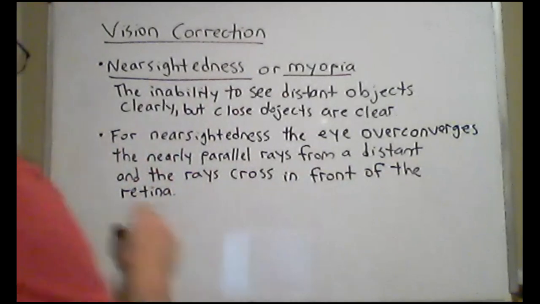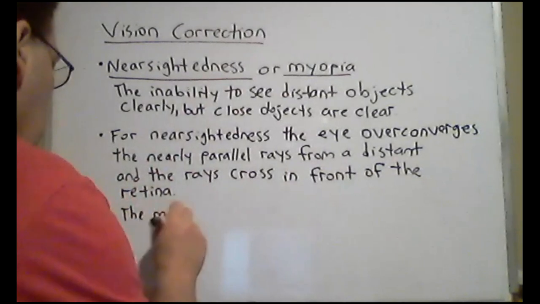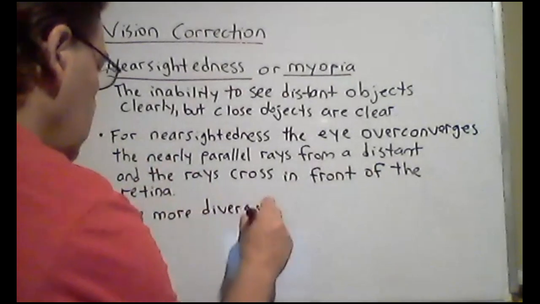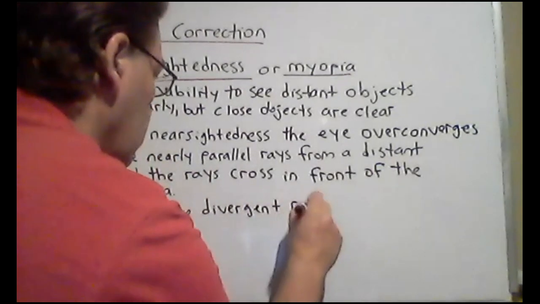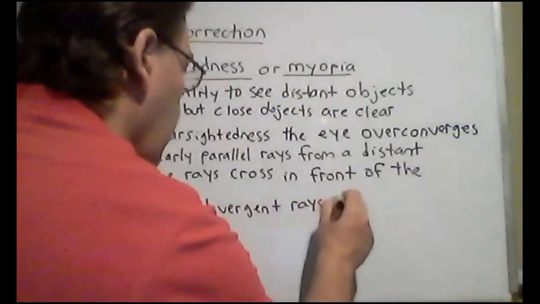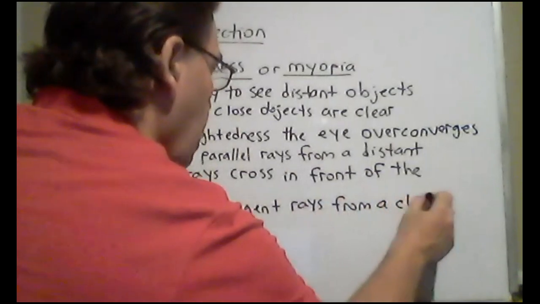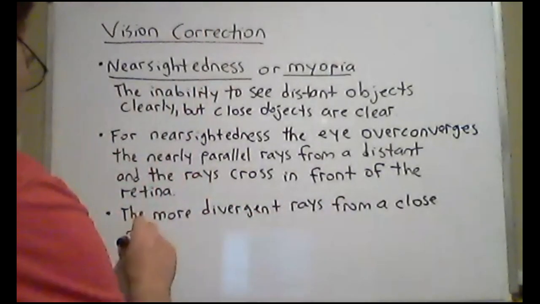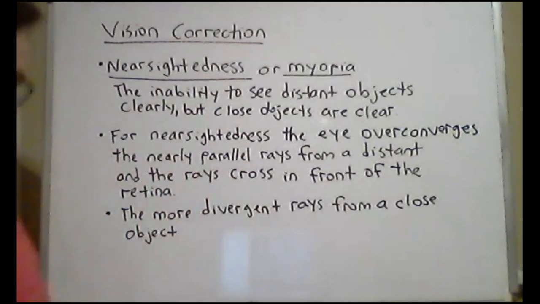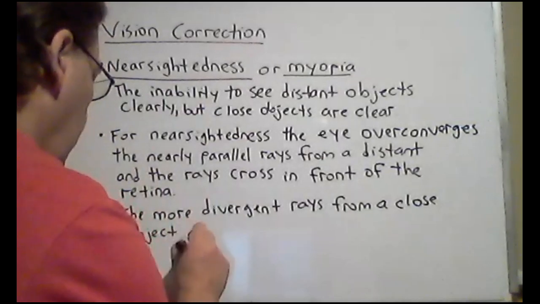The more divergent rays from a close object are converged on the retina.